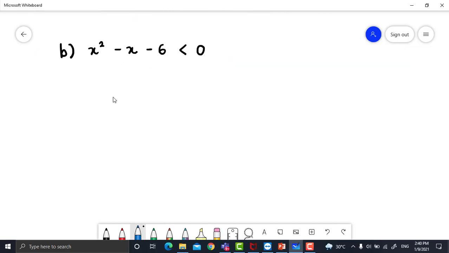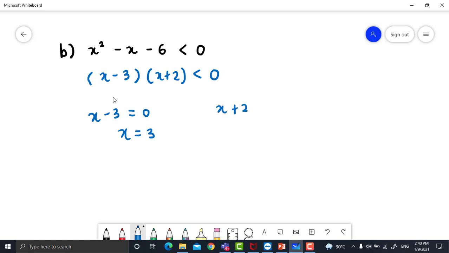Exercise at B, x squared minus x minus 6 less than 0. So factorize: x minus 3 multiply x plus 2 less than 0. Find the zeros. x minus 3 equal to 0, x equal to positive 3. Or x plus 2 equal to 0, x equal to negative 2. The zeros are negative 2 and 3.